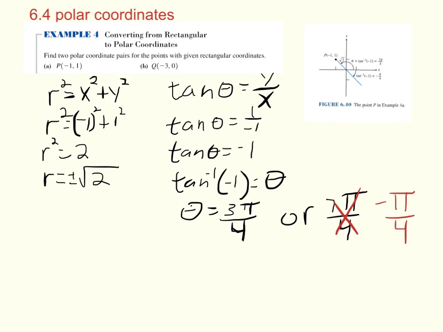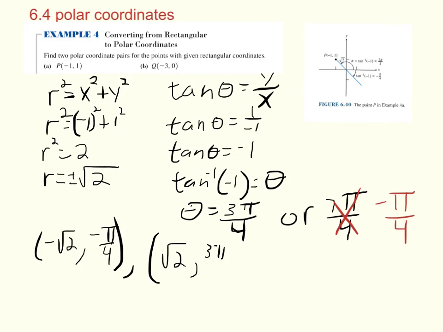So, our two answers for this would be negative root 2 and negative pi over 4, and positive root 2 and 3 pi over 4. So those two things would be our answers.